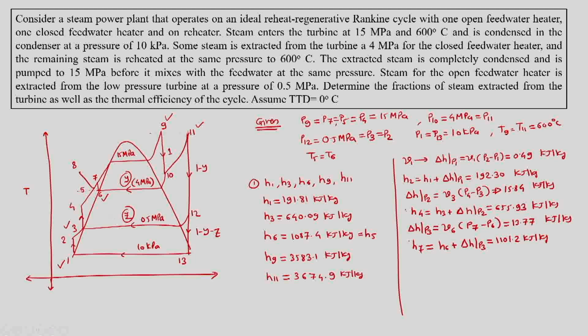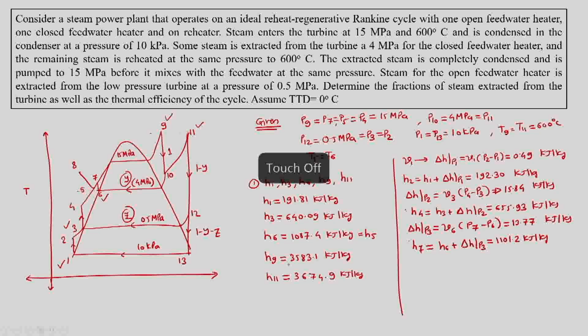For this, we can go ahead and write down the expression for Y. For Y, we can use the energy balance. First we find Y, and for Y we know that Y amount of mass at enthalpy 10 loses its enthalpy till 6, such that 1 minus Y amount of mass at enthalpy 4 rises its enthalpy till 5.